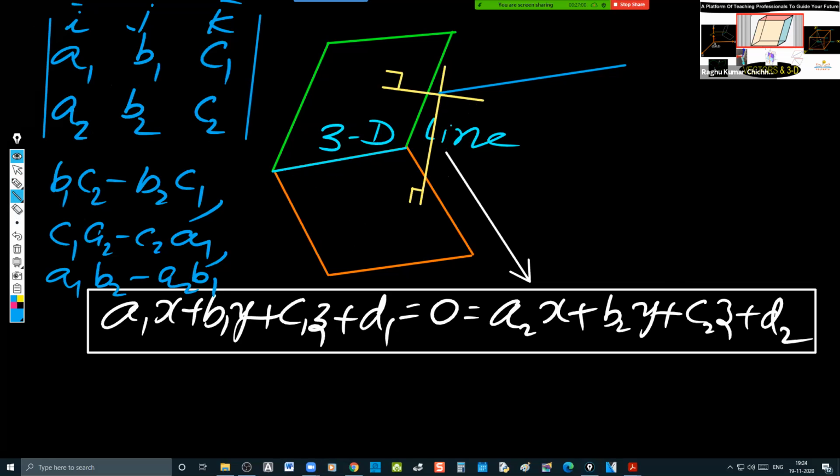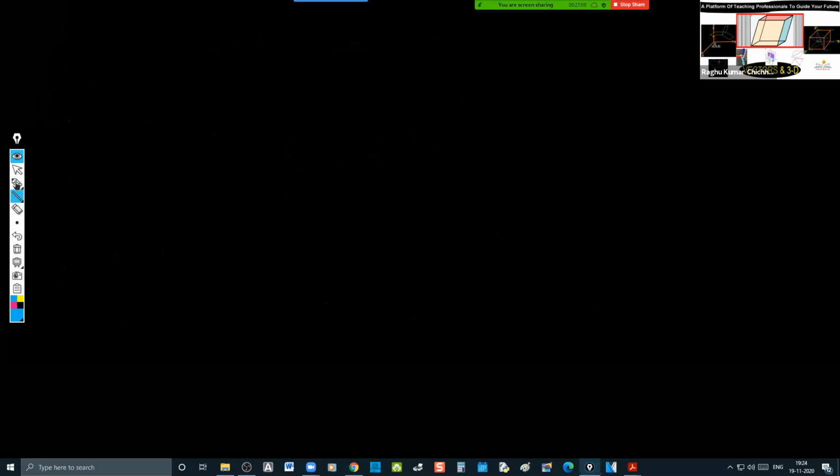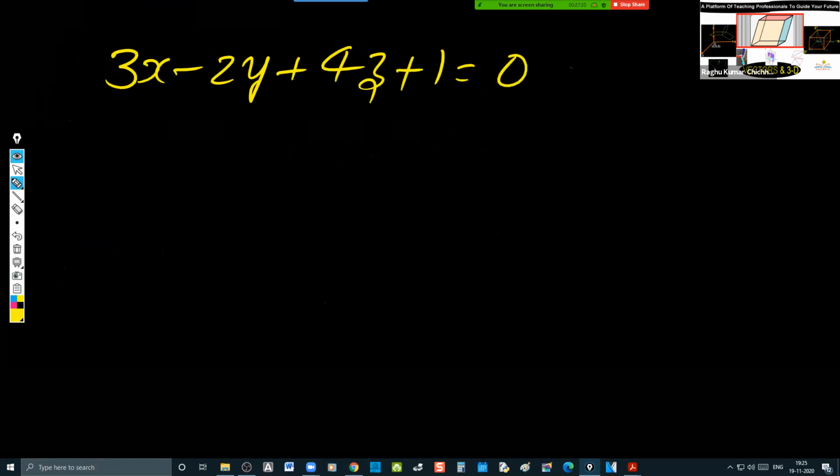I'll take a numerical example so that you'll better understand it. Follow this carefully, please. This is an important concept, and if you understand this, everything in 3D goes easy for you. Now, let me take a plane 3x minus 2y plus 4z plus 1 equal to 0, and another plane 2x minus y plus 3z plus 4 equal to 0.